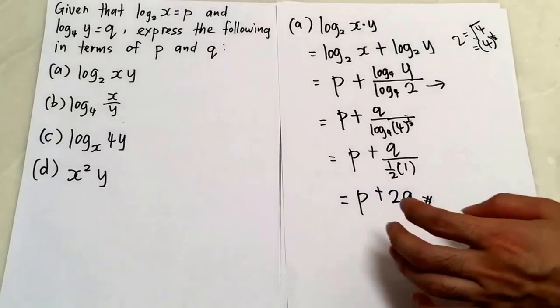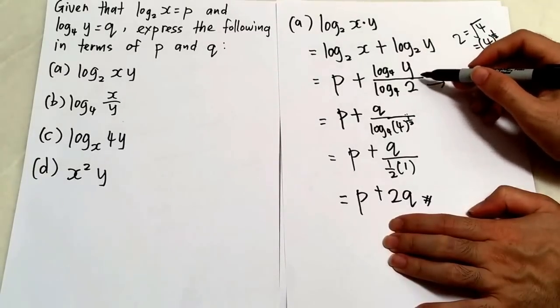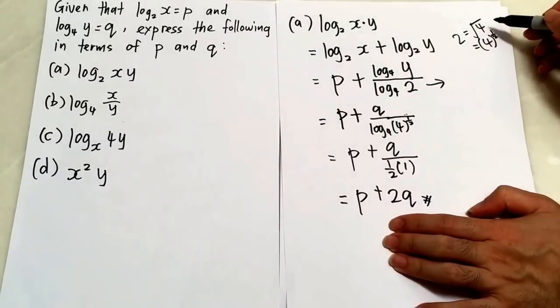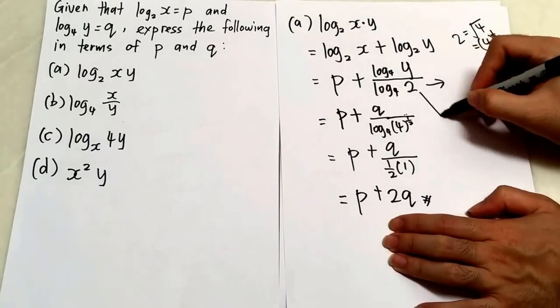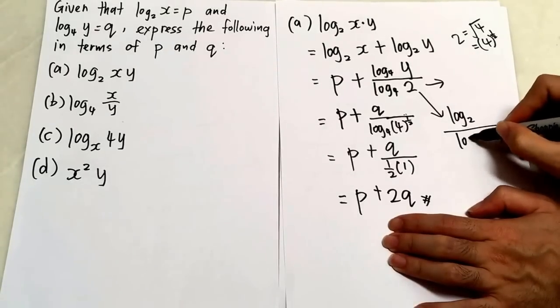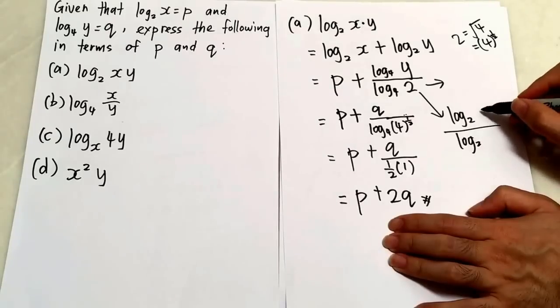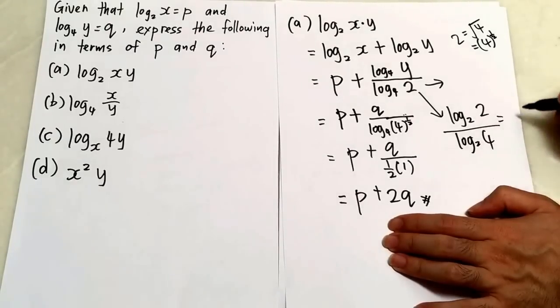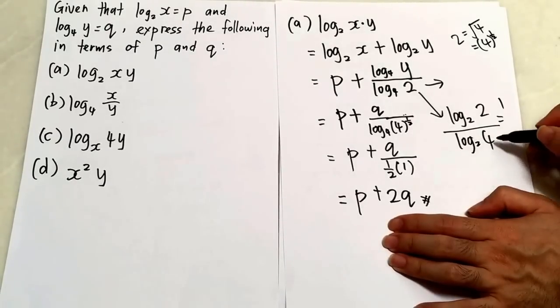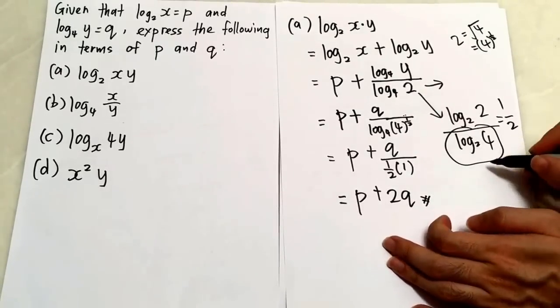However, some students might think, how am I going to know in the exam that 2 equals the square root of 4? Then you can do the other way. Just now I said you can change this one into base 2. You change the base again for log 4 of 2. I change to base 2 and base 2, so this is log 2 of 2 over log 2 of 4. Log 2 of 2 is equal to 1. Log 2 of 4 will equal 2. You should know this one equals 2. Why?